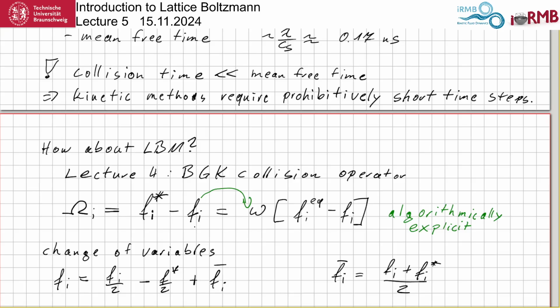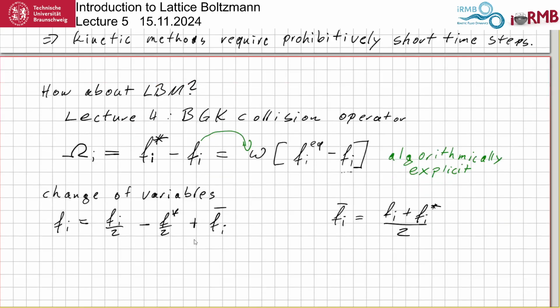So it's the population in the middle between pre and post collision. Now if I write my pre-collision population in this way, what we get is the following.